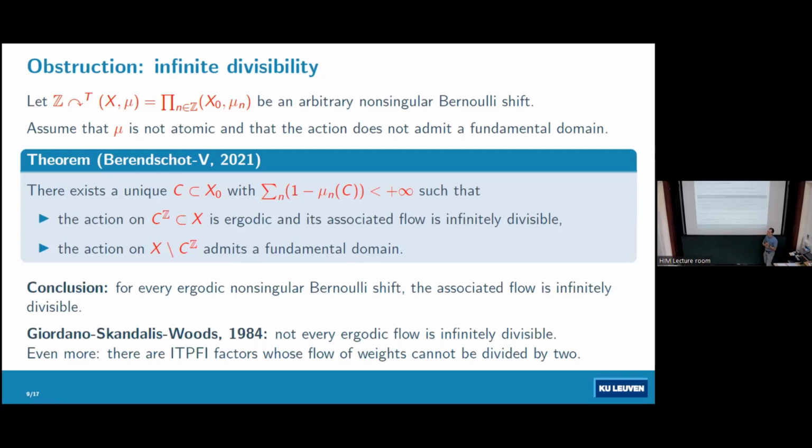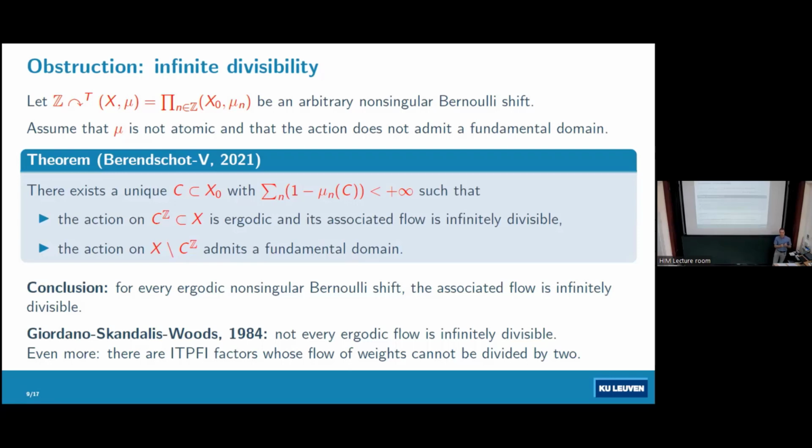So every ergodic non-singular Bernoulli shift has an infinitely divisible associated flow, and it's already a result that was proven by Giordano, Skandalis, and Woods, that not every ergodic flow is infinitely divisible, and actually there are infinite tensor products of type 1 factors whose flow of weights cannot be divided by 2, and this was actually the way in which Giordano, Skandalis, and Woods proved that there are infinite tensor products of type 1 factors that cannot be written as infinite tensor products of 2 by 2 matrices.